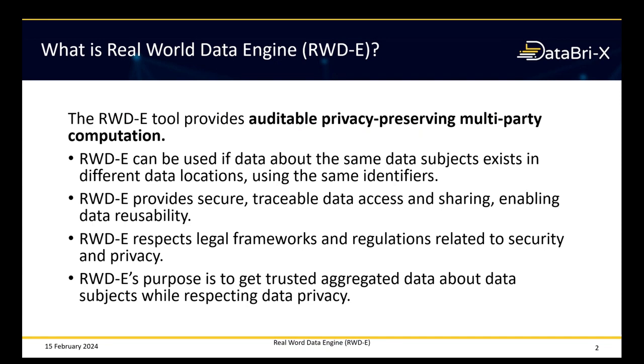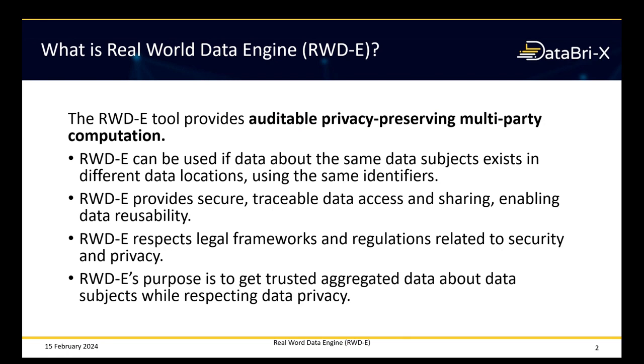Basically, we can use this tool if there is data about the same subjects, but it is kept in separate data locations while using the same identifiers, like personal ID codes or similar.